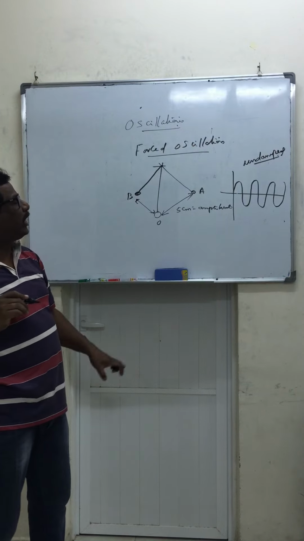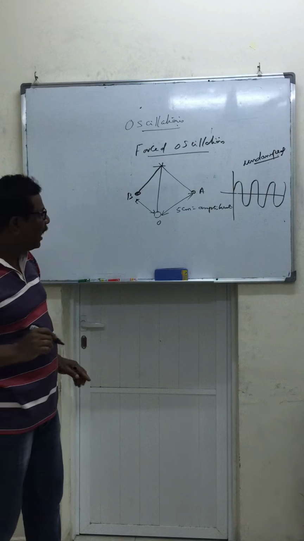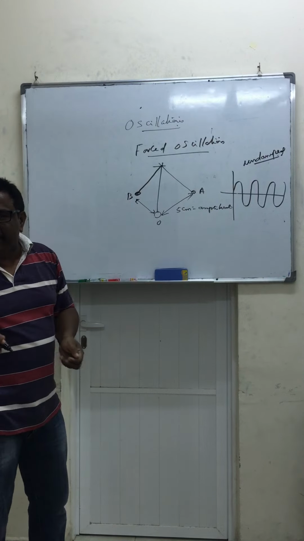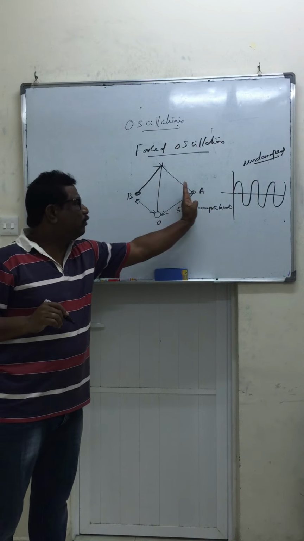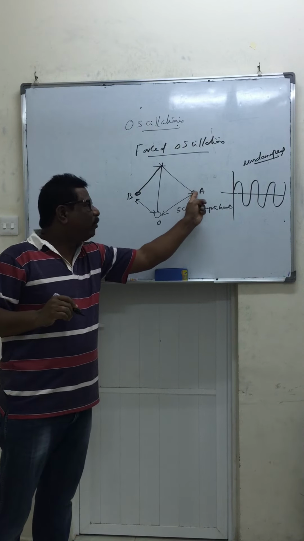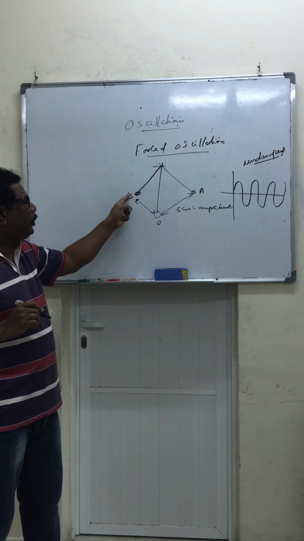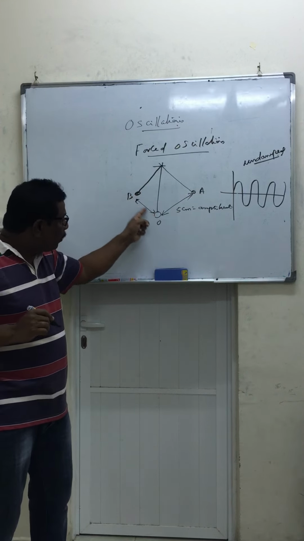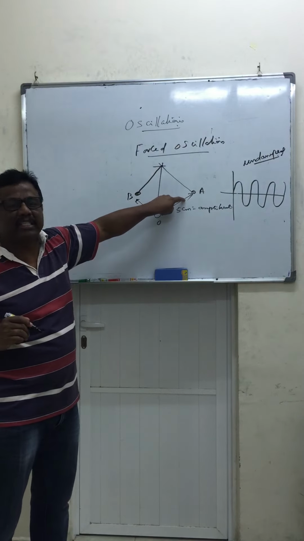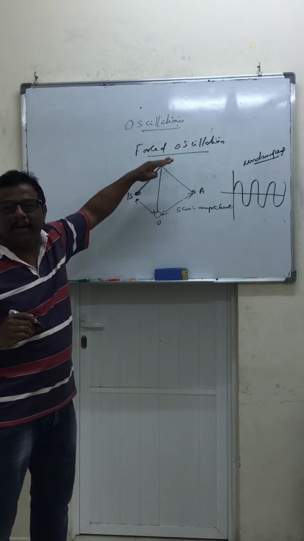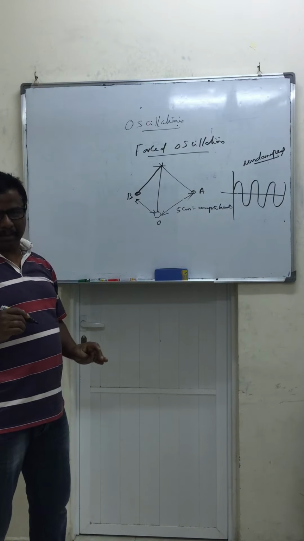But just now I told you that it is theoretically possible, but in reality this pendulum is subjected to some resistive force. Because of the resistive force, when I release the bob from A to O, then B to O, then O to A, this continues, but at the same time the amplitude goes on decreasing.